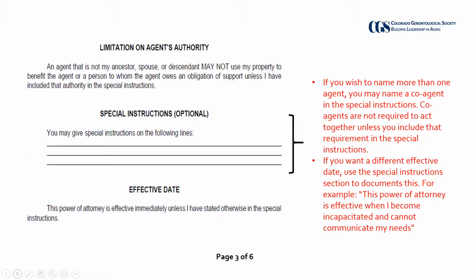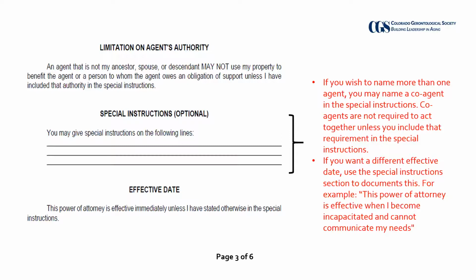So the effective date: unless you say something different in the special instructions, this financial power of attorney is going to start automatically. It's going to be effective immediately as soon as it's signed and notarized. So if you want this power of attorney to be effective when you're not able to communicate, then you could go ahead and state that in the special instructions.